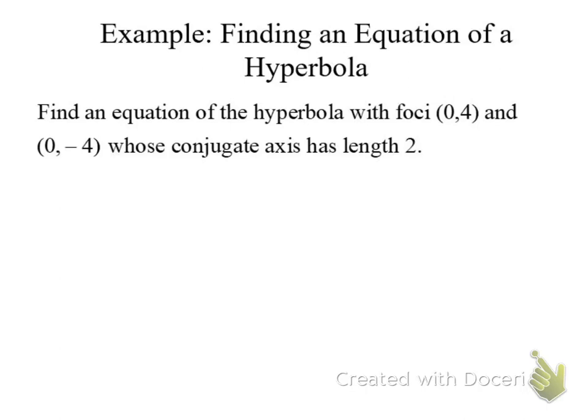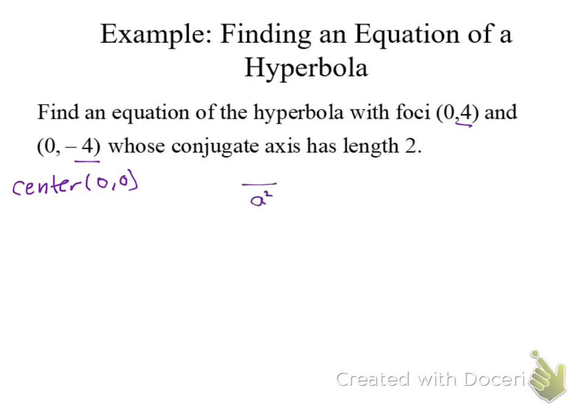So with my foci being at 4 and -4, and notice that because of where they're located, they're centered at 0, 0. If we're assuming the center is at 0, 0, then for my formula I need to find out which one's x squared and which one's y squared.